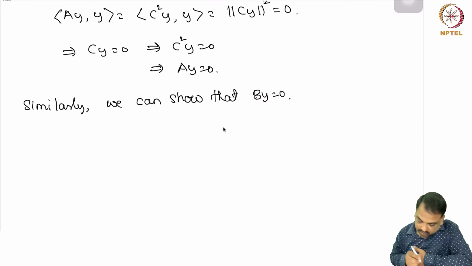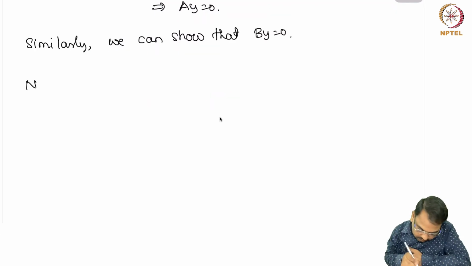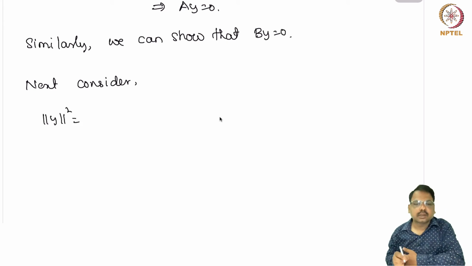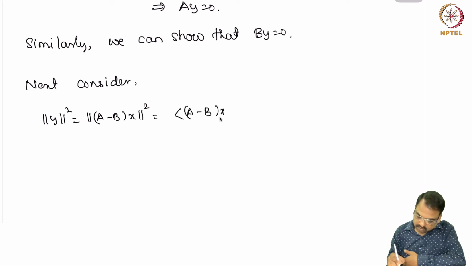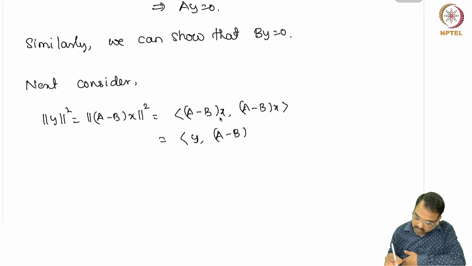Okay, now we want to show that Ax equal to Bx for every x. Next, consider norm of y square, that is norm of (A minus B) acting on x, square. This we can write as ((A minus B)x, (A minus B)x), and this is nothing but (A minus B)x is y, so ((A minus B)x, y).